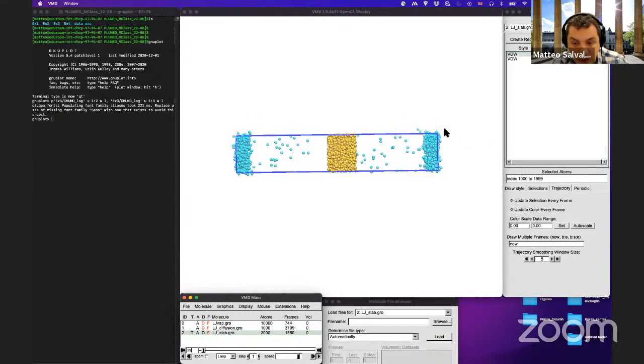And what happens here is that, once the simulation starts, we establish a composition field that is steady.